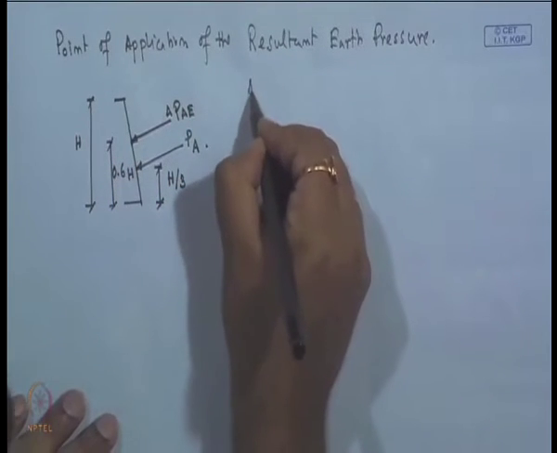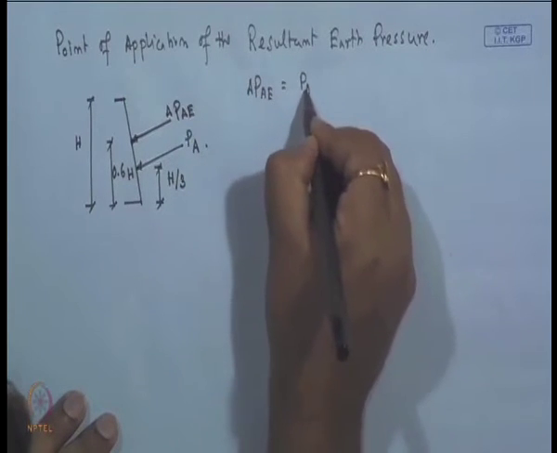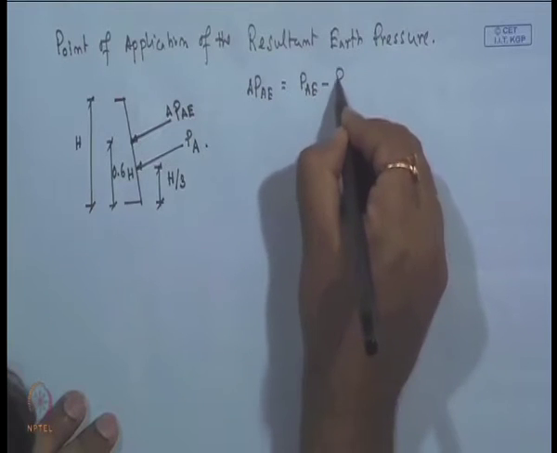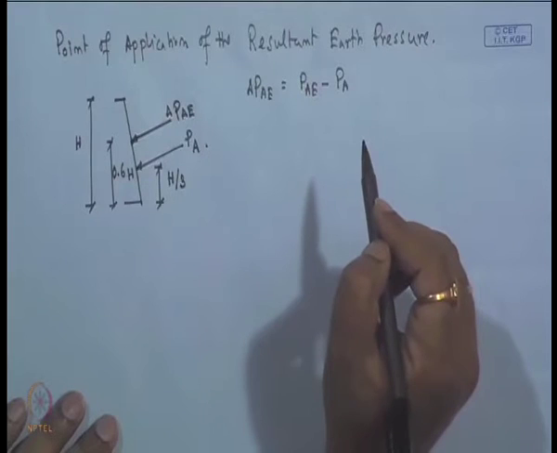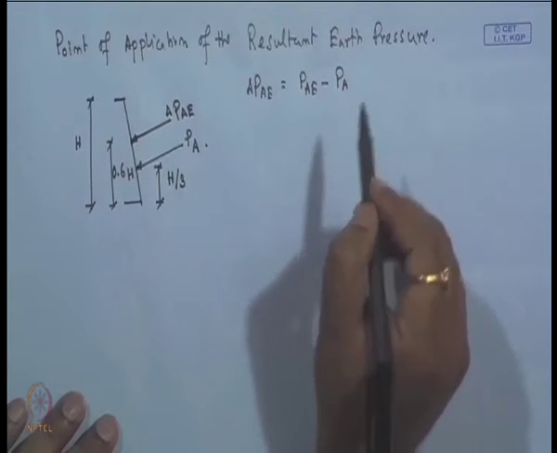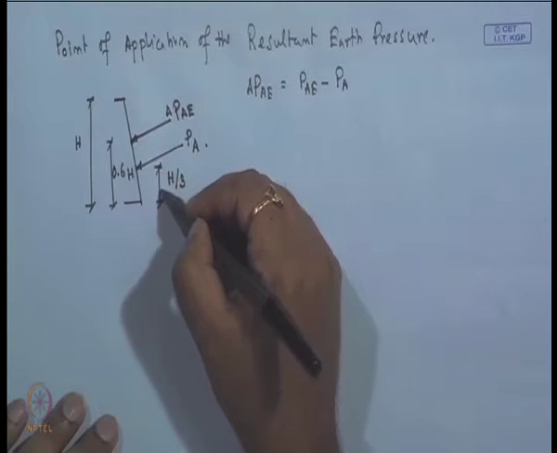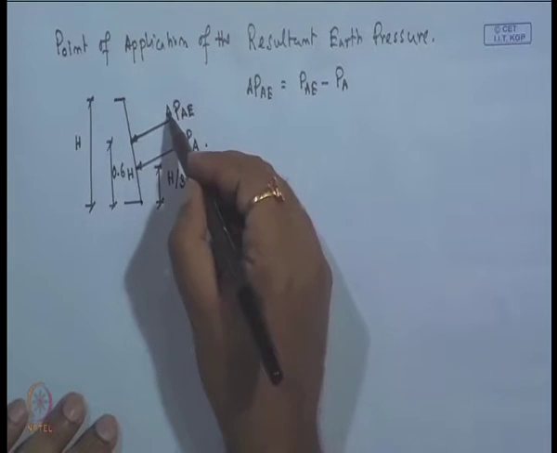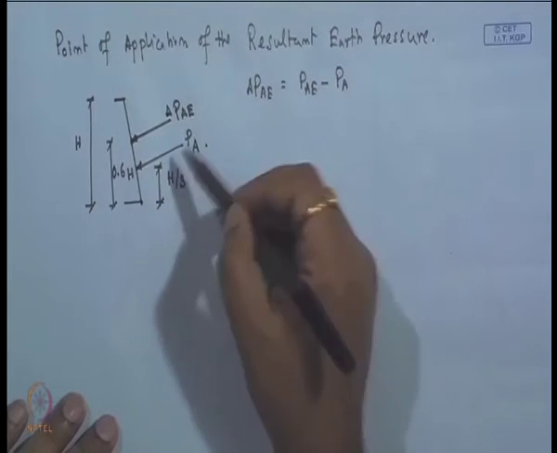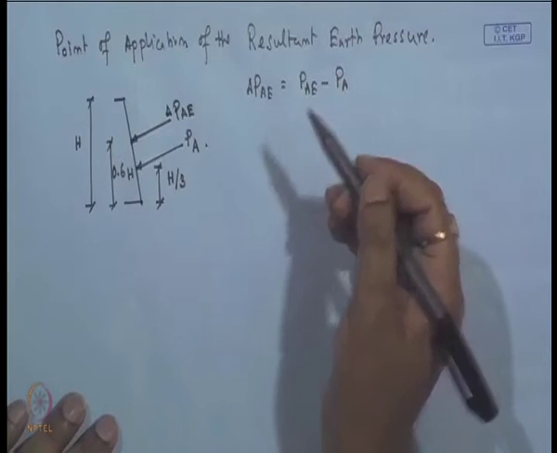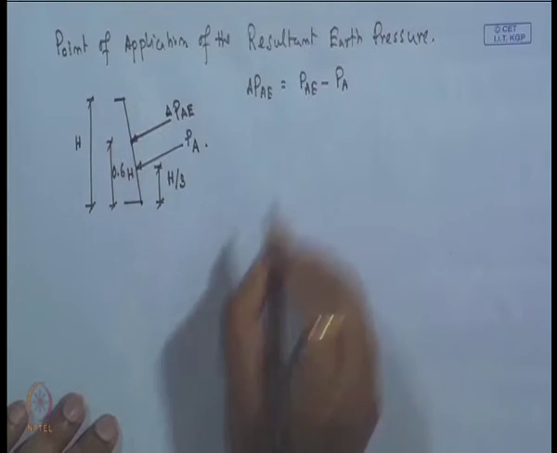Where delta PAE is equal to PAE minus PA, that is PAE under seismic condition minus the active pressure under static condition. So, the PA static force will act at a height of H by 3 from the base, and delta PAE, the additional force due to the seismic condition, will act at a height of 0.6 H from the base.